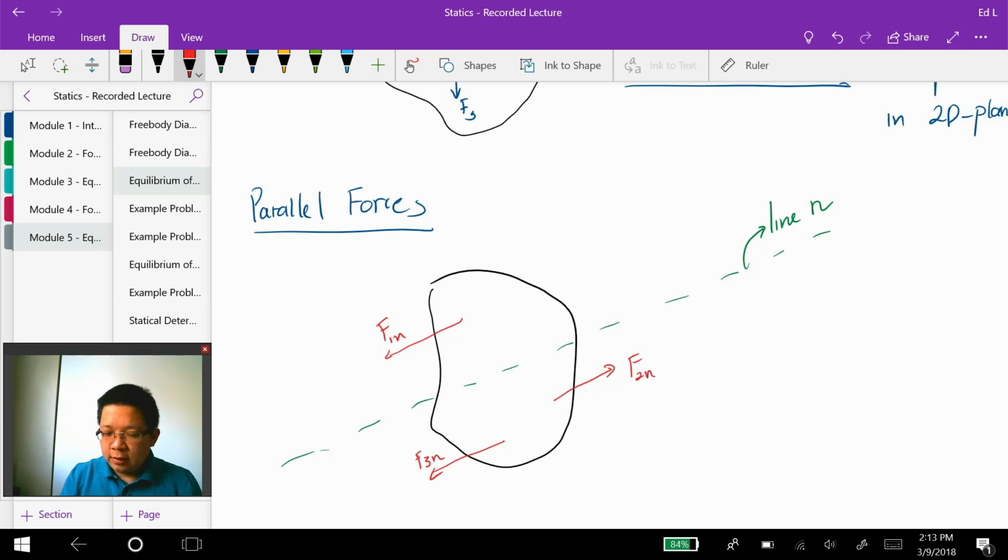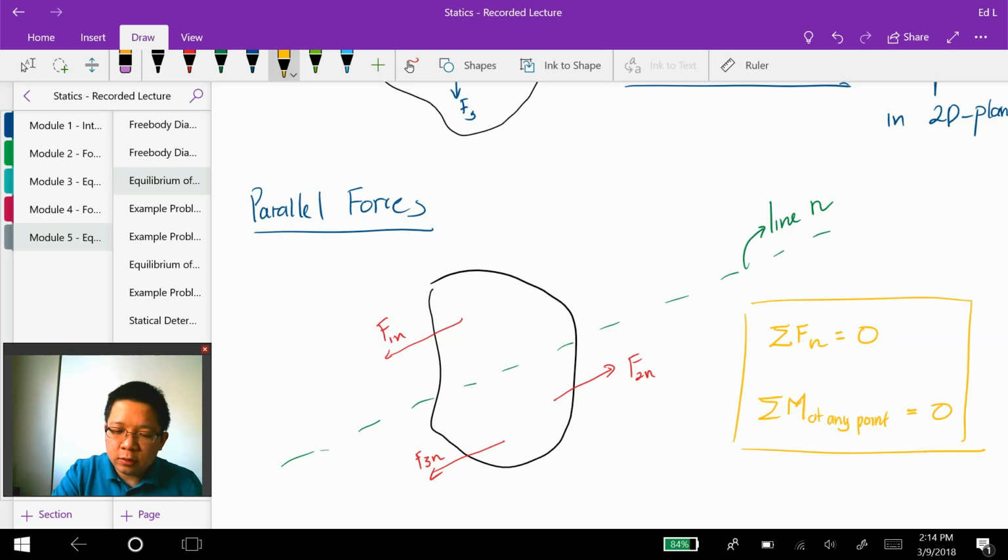In these conditions, there are two equilibrium equations that we can write. The first is the sum of the forces in the n direction equal to 0, and then the sum of the moment at any point equal to 0. It could be here, here, here, anywhere on this plane, and we set it equal to 0.